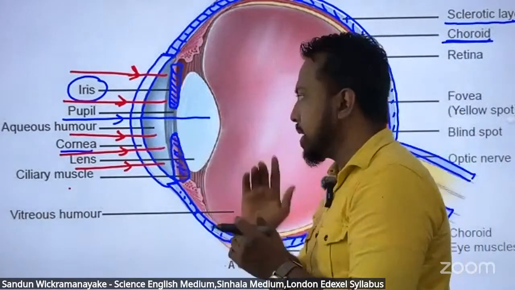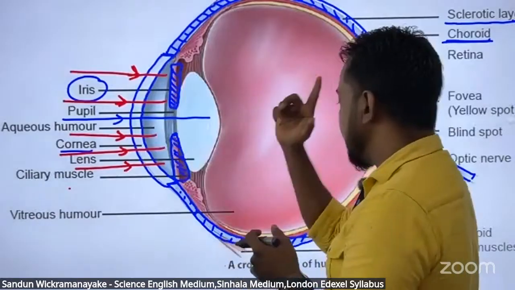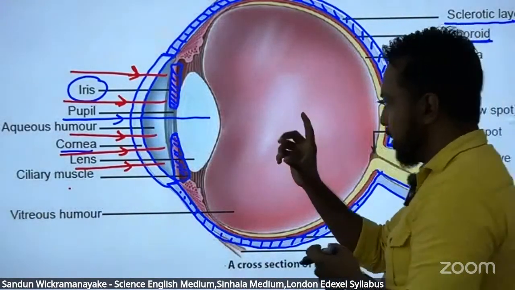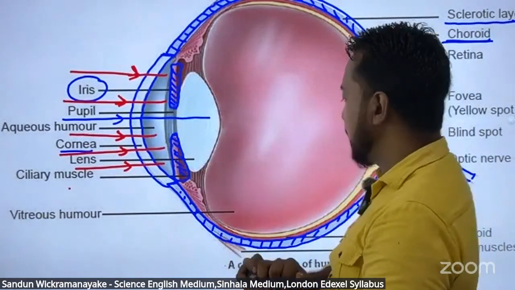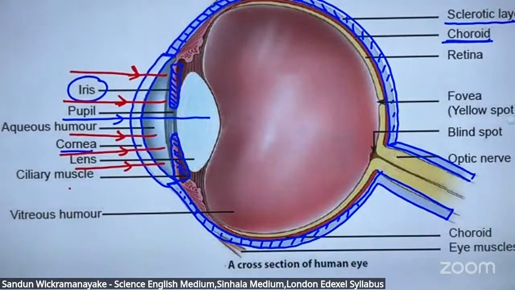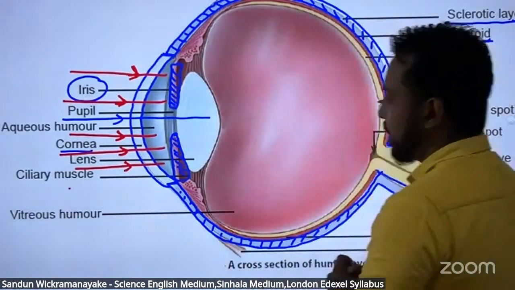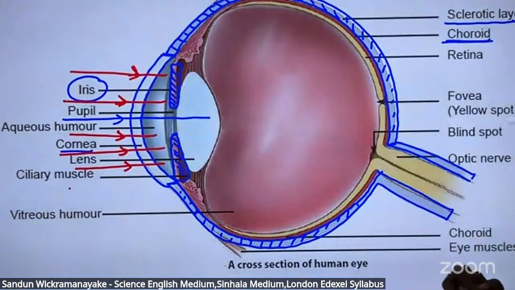The first one is aqueous humor. The other liquid is thicker than the aqueous humor. This is the other liquid.